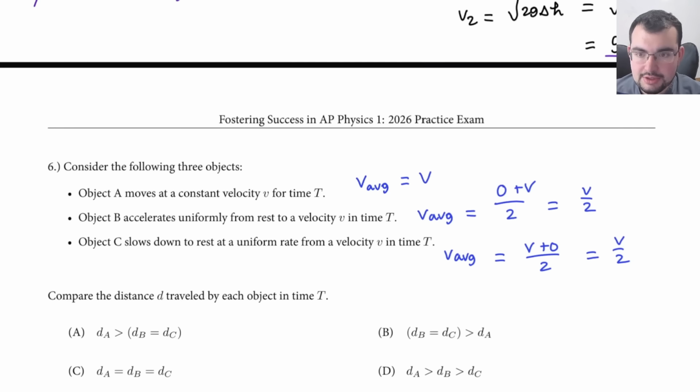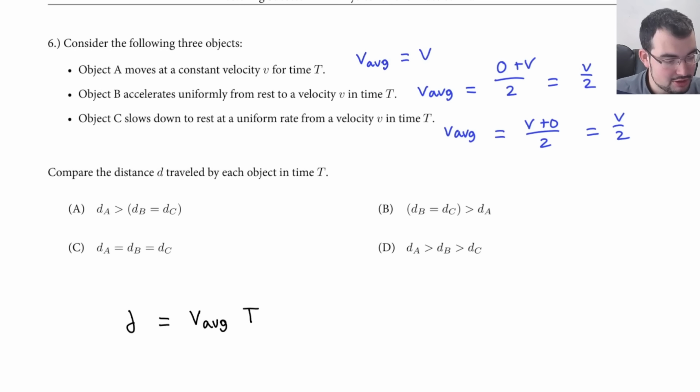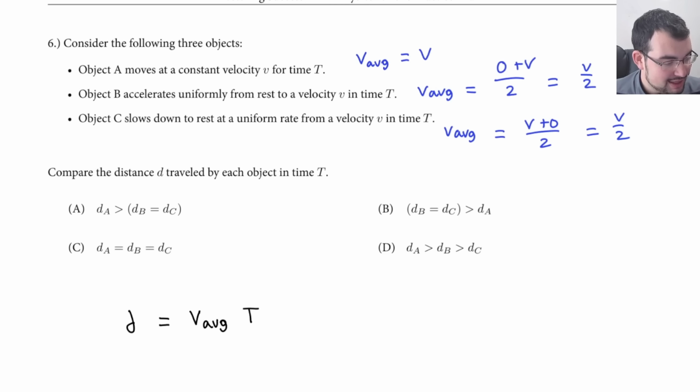So in each of these cases, we see that the constant speed of v is v the whole time. So that one's going to win because there's no other speeds slower than v. And then the other 2 cases, yeah, one I'm speeding up, the other I'm slowing down, but they're equally above and below the midpoint by the same amount. So B and C tie, and that is less distance than A.